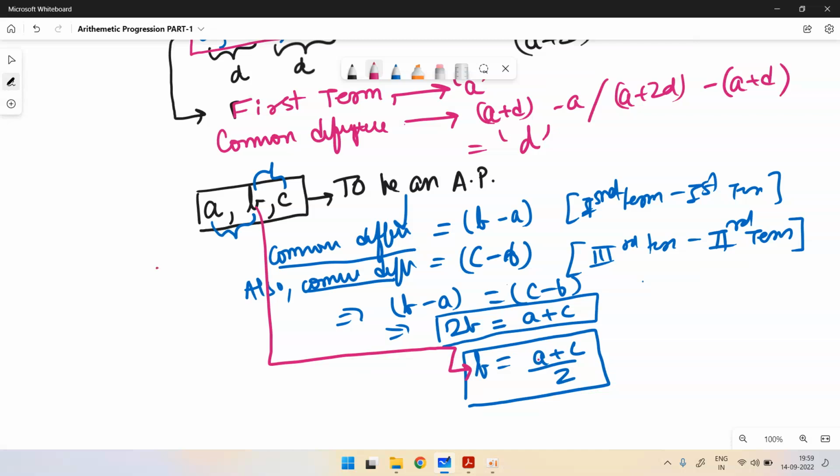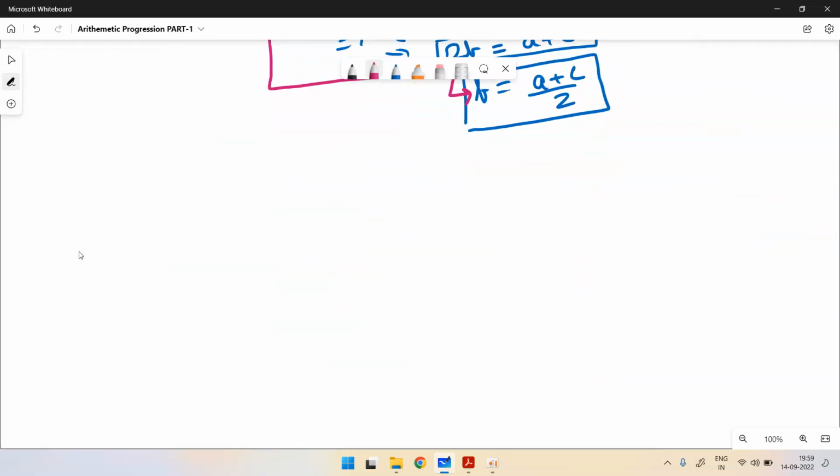Now this is the basic thing you have understood. Now, any series, suppose this can also be the series A minus D, A plus D, A plus 2D, and also A minus 2D.